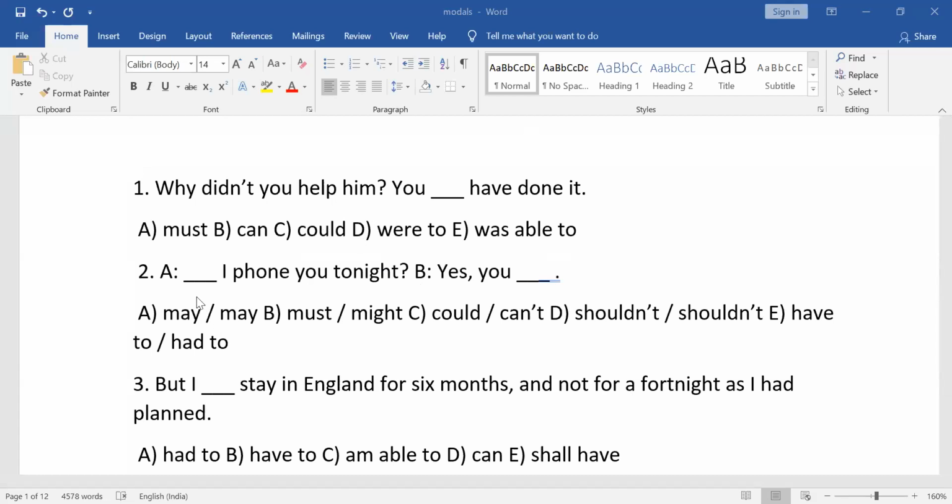Next, A and B are talking. A: Dash I phone you tonight? B: Yes, you. What are the options? Should, may, could, shouldn't, have to?